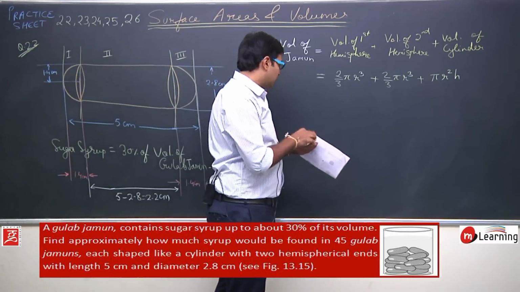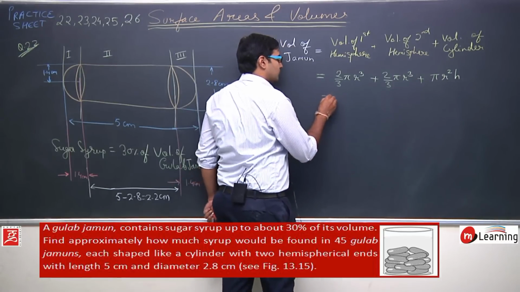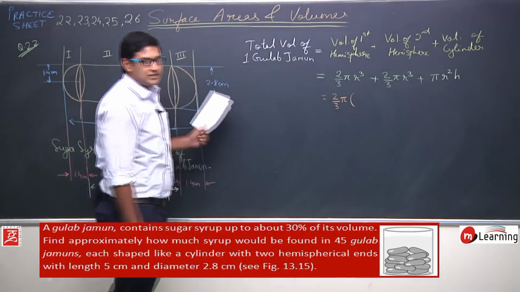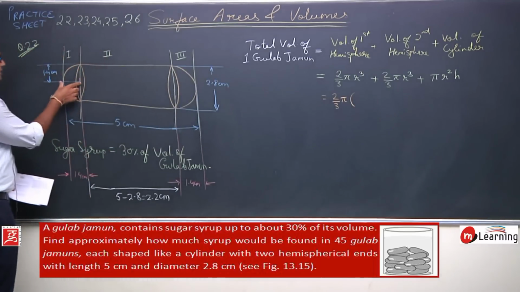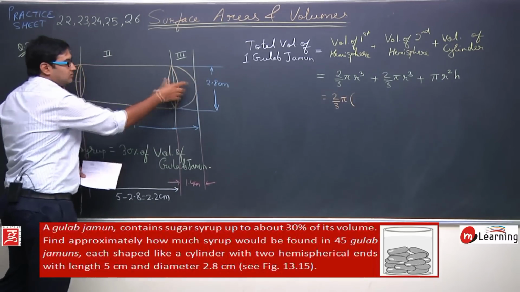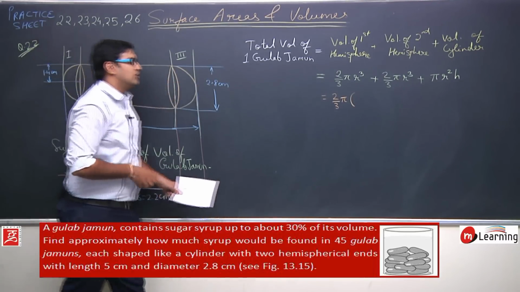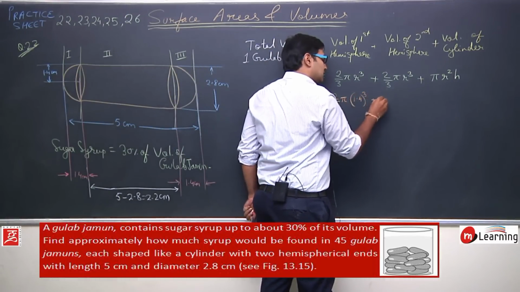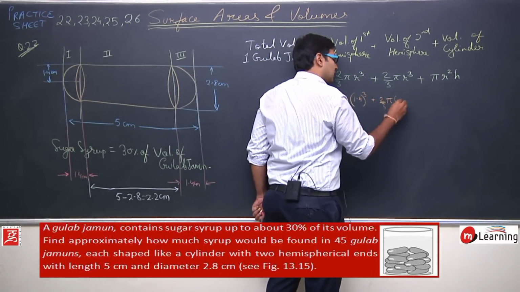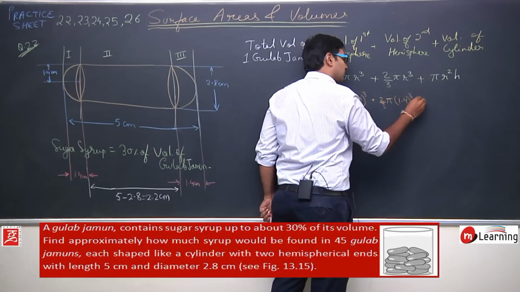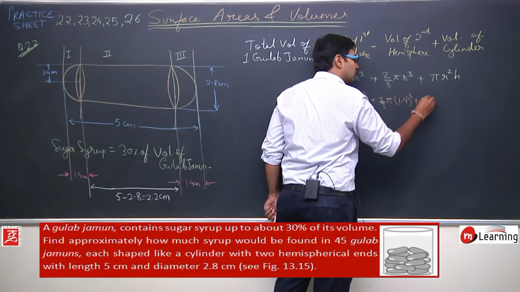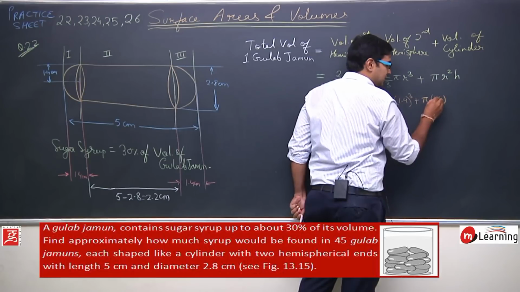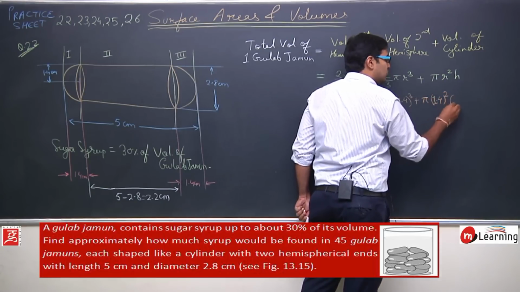Now to calculate the volume, it is 2 by 3 pi. What is the radius of this hemisphere? We have calculated it is 1.4, and these two hemispheres are symmetrical. So this is 1.4 cube, plus 2 by 3 pi into 1.4 cube, plus pi into the radius of the cylinder, 1.4 square, into h.